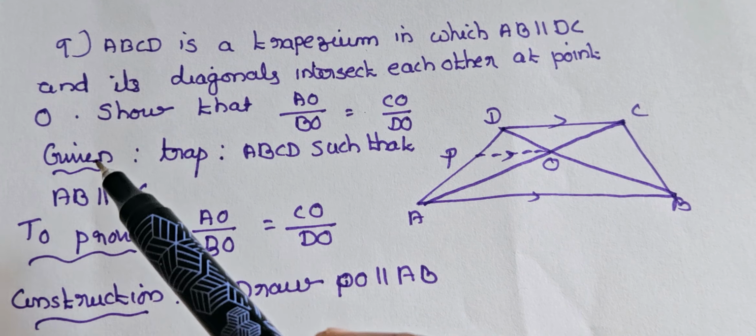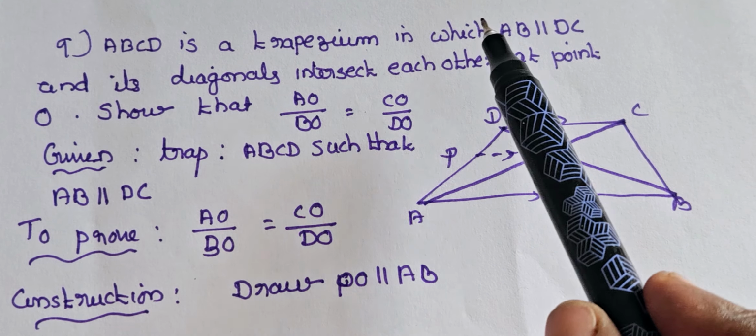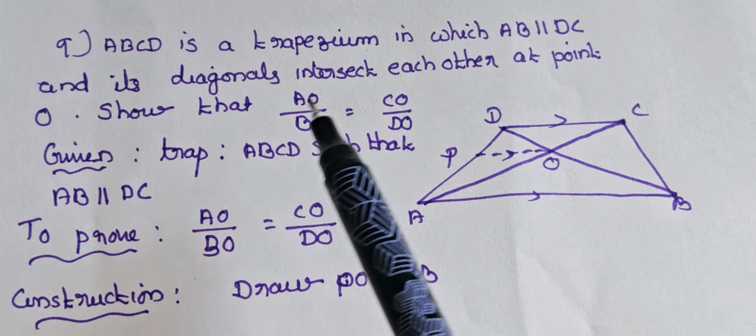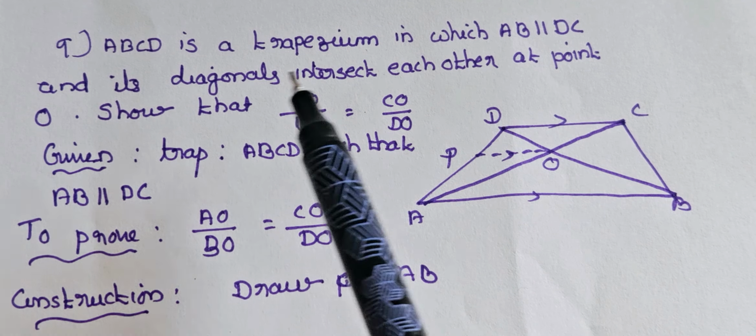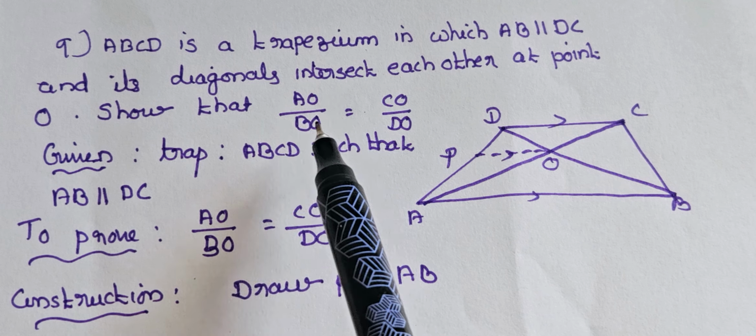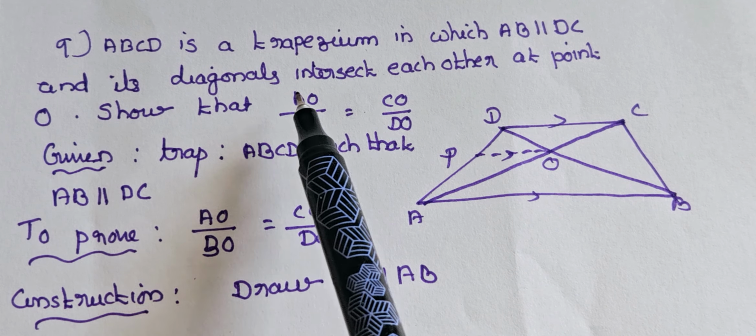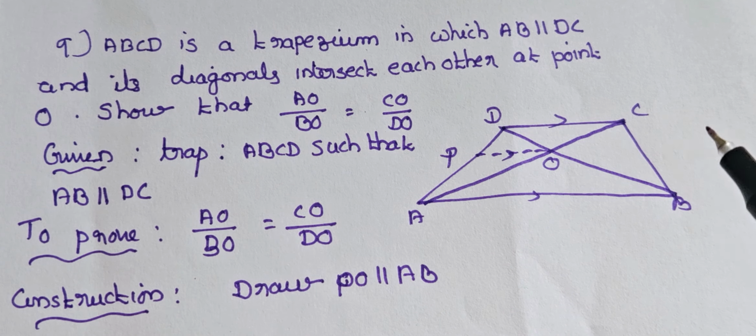Ninth question: ABCD is a trapezium in which AB parallel to DC and its diagonals intersect each other at a point O. Show that AO by BO equal to CO by DO.